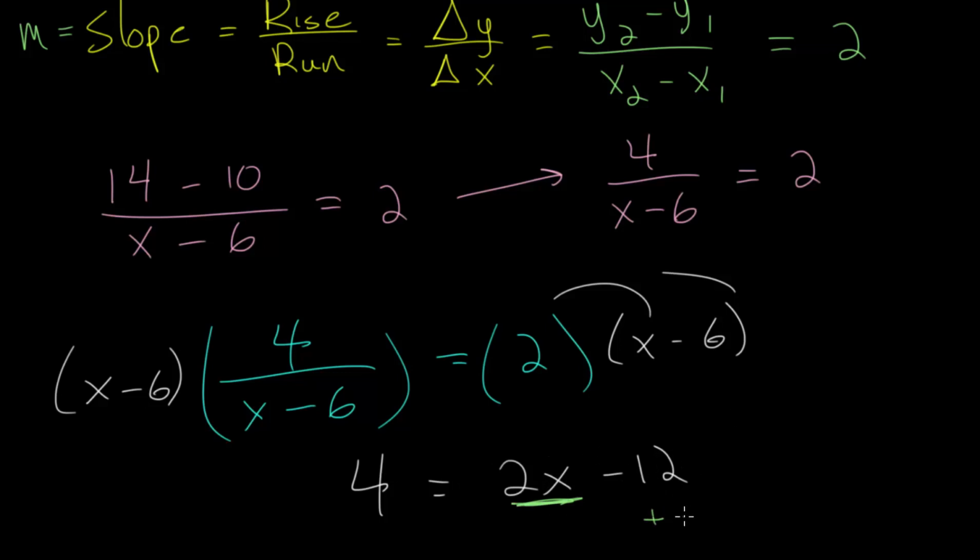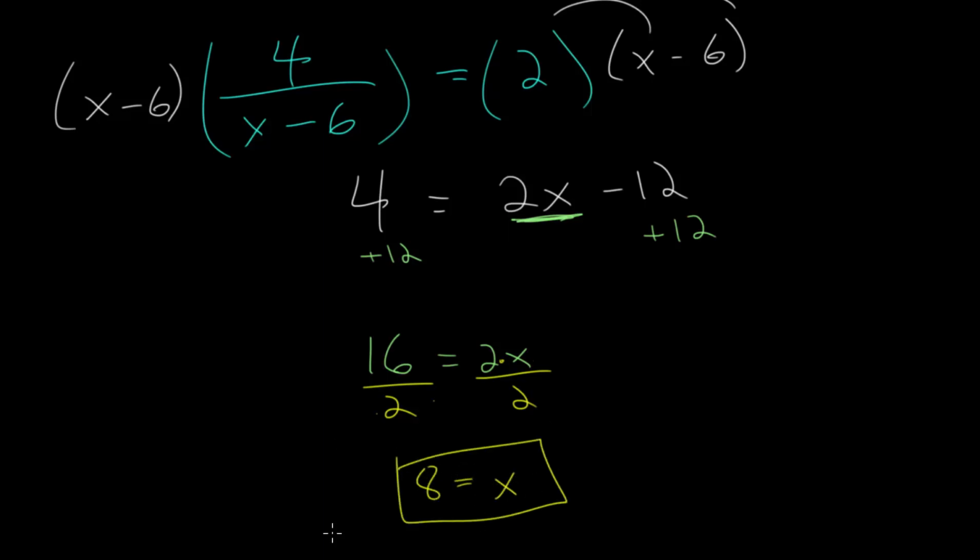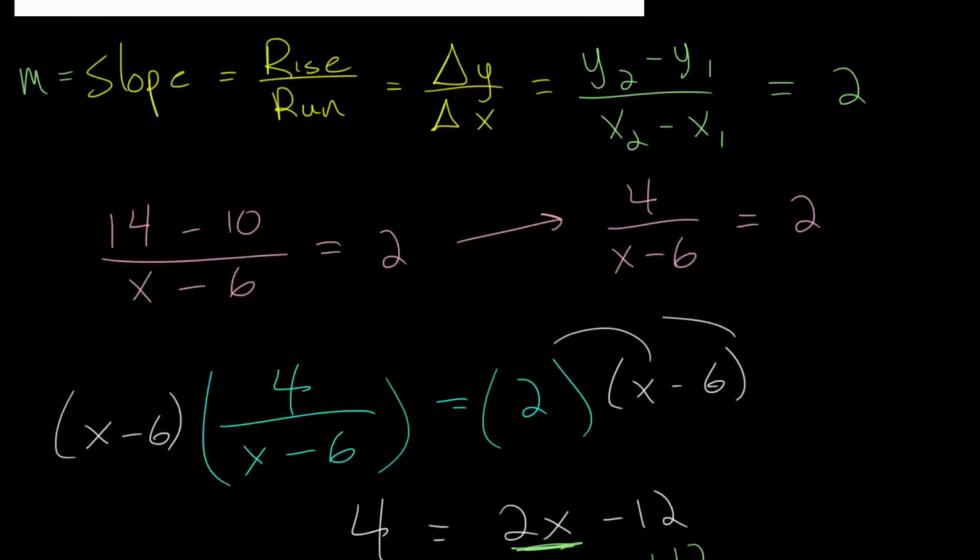We will cancel out the subtraction by 12 by adding 12 to each side. We get 16 is 2x, and dividing everything by 2 to cancel out that multiplication, we find that x is equal to 8. Now let's go back up and see if this makes sense.